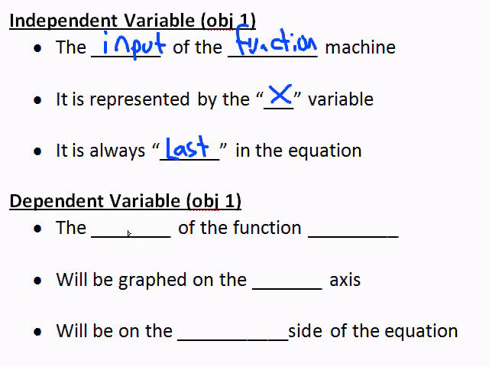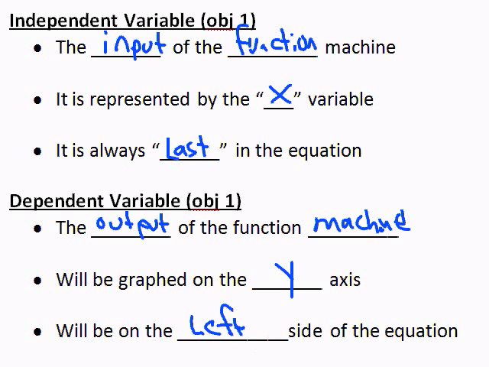Now the dependent variable is the output of the function machine. It'll always be graphed on the y-axis and it will be on the left hand side of the equation.